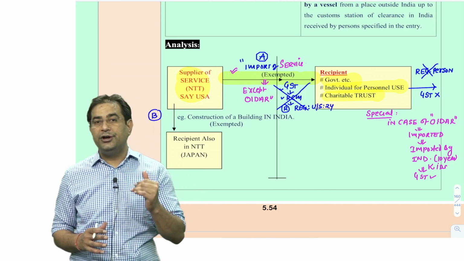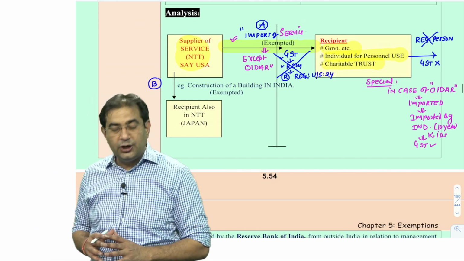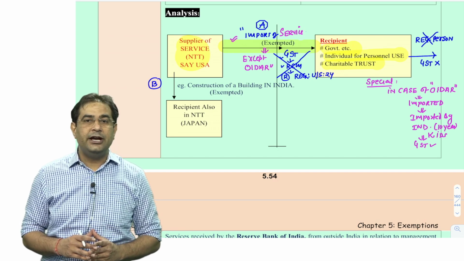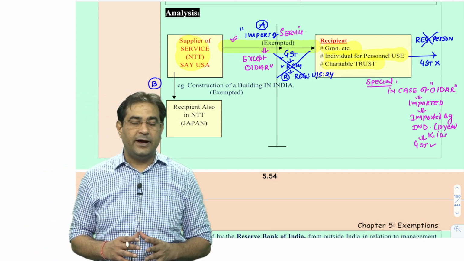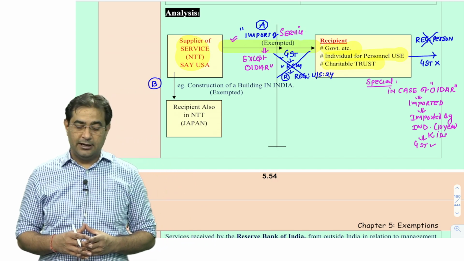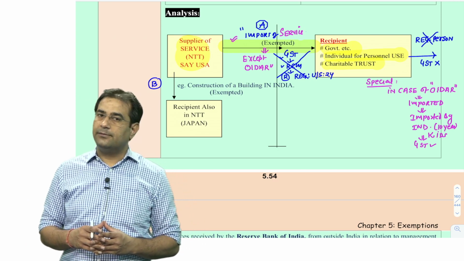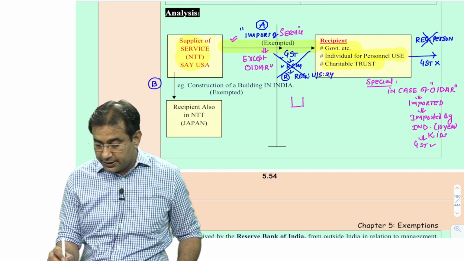Now, we are going to discuss another part of the exemption. The supplier is located in a USA entity and the recipient is also located in an entity, meaning thereby both the parties are located outside India. But suppose the service is construction of a building and the construction is within India.